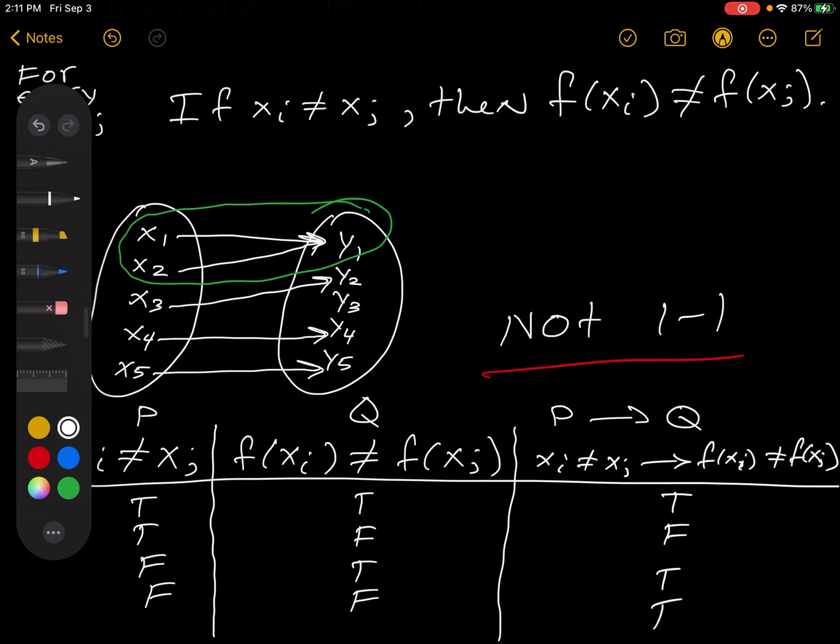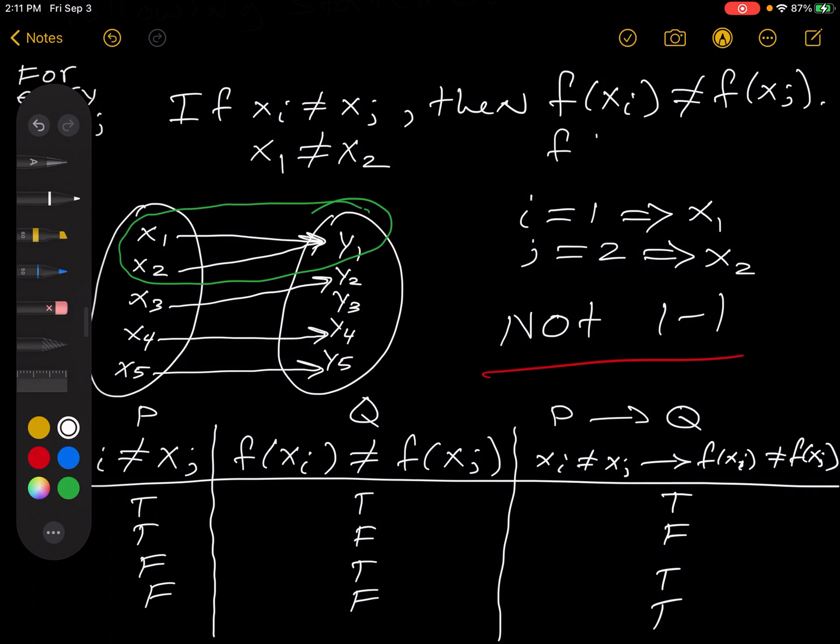So in this case, my i is 1 and my j is 2, which gives x1 and x2. Right, so we have x1 does not equal x2, and f of x1 does not equal f of x2.